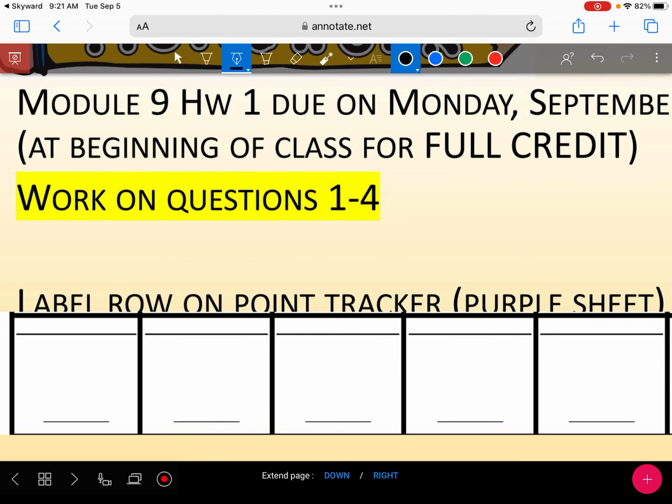So I just want you to go across the top and write M9 homework 1. And then M9 homework 2. We're going to the second line. So the second line is Module 9 homework, and then M9 homework 3.